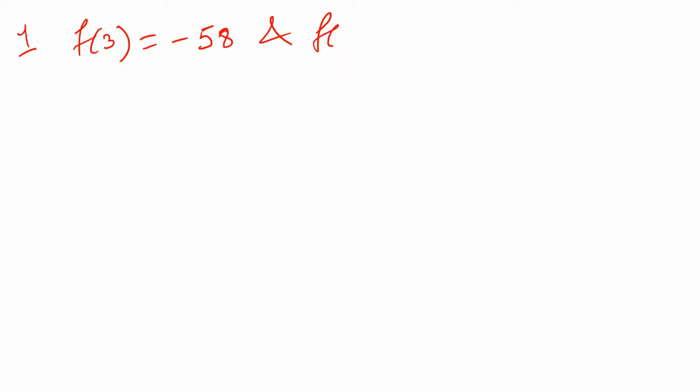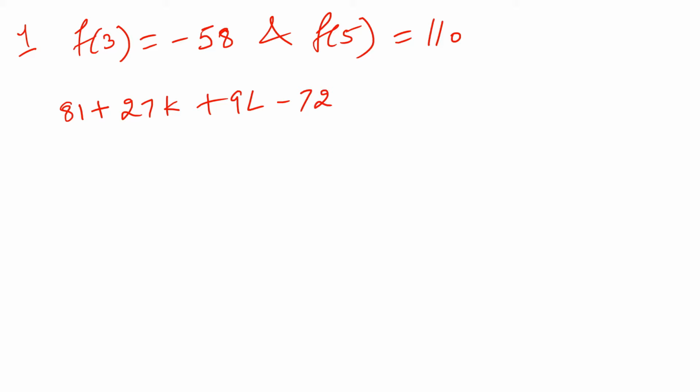Now students, let us solve the first case. Since f(3) is −58 and f(5) is equal to 110, I can write the value of f(3) by putting x equal to 3 in the given function, and that will come as 3^4, that is 81, plus 27k plus 9l minus 72 plus 5 equal to −58.